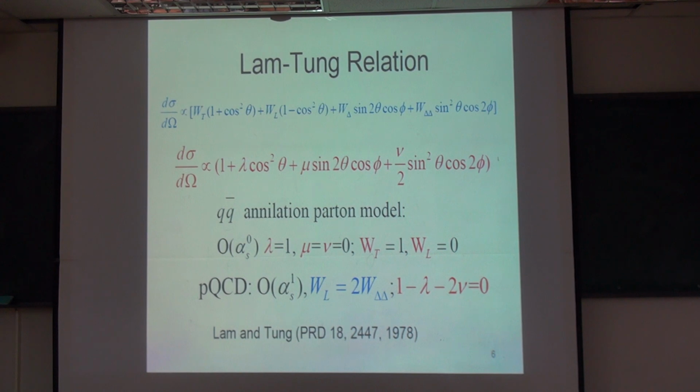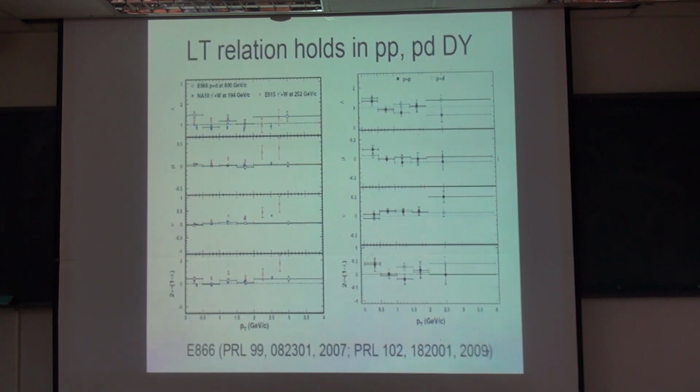Then we can compare this Lam-Tung relation with the data. People have measured pp collisions and pd collisions, and you can see that lambda is about constant, about 1. Nu is small, and the deviation is small, because lambda is close to 1, so 1 minus lambda is small, and nu is small.